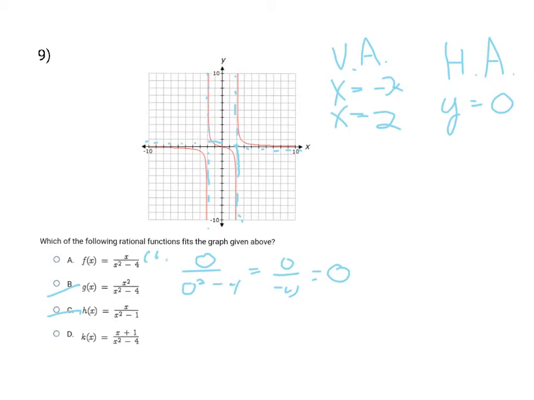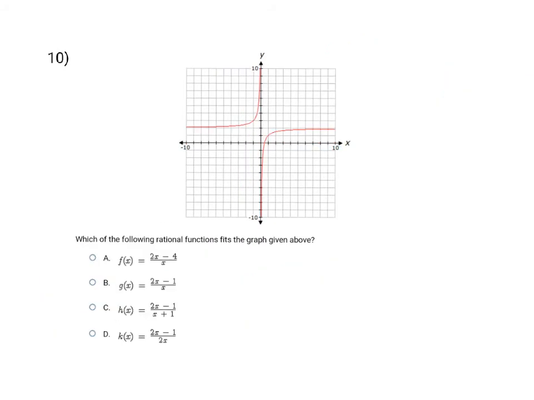So this one does give me that point 0, 0. That is my x and y-intercept. So it's going to be A, because in D, I have 0 plus 1 over 0 squared minus 4, which we already said was -4. And that's 1 over -4, and that point isn't on my graph, so it can't be D.